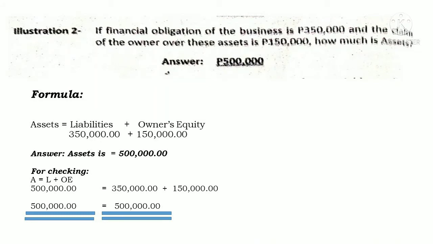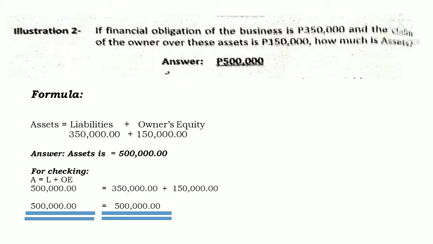So, ang assets dapat equal siya sa liabilities plus owner's equity. So, 350,000 plus 150,000, ang total assets is equals to 500,000 pesos.